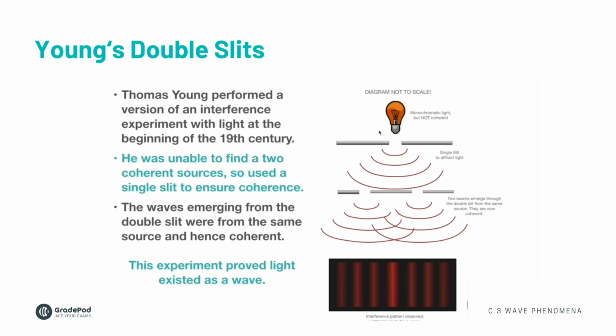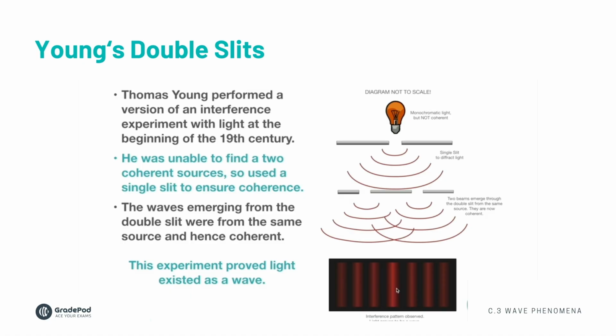So he had to come up with a way of making light coherent before it passed through the double slit. Because of course you'll remember that this experiment only works if you have coherent sources. So he took a monochromatic light, so light of one colour, and placed it through a single slit to begin with. That had the effect of making the source coherent, and then he placed it through the double slit.